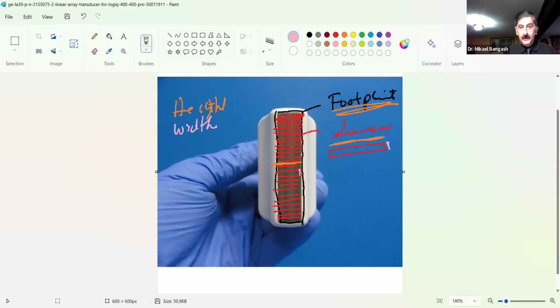Contrary to our round or disc-shaped PCTs, where the height and width were equal, that is not going to be the case here, because the height is greater than the width. Did you guys get that?